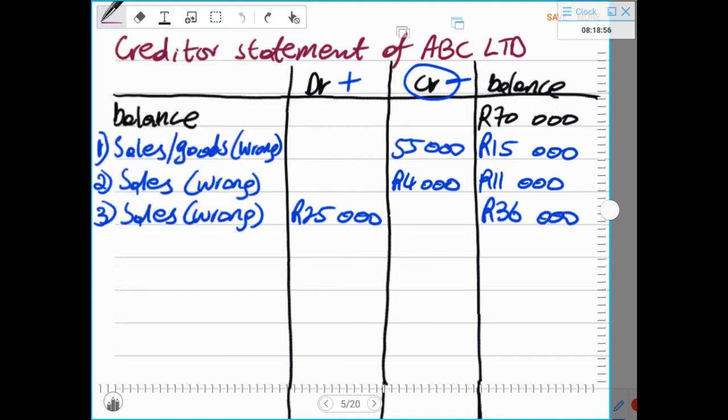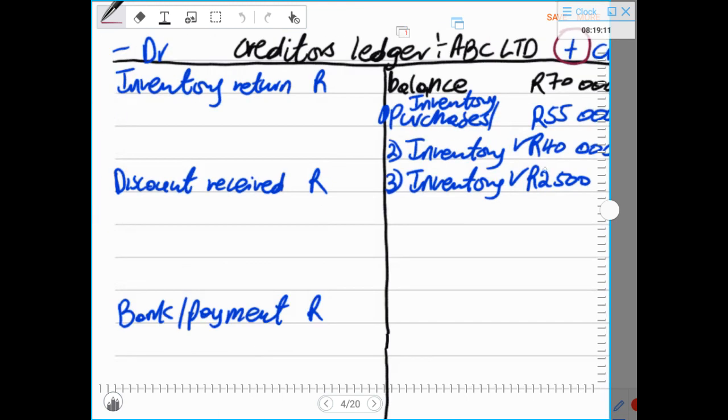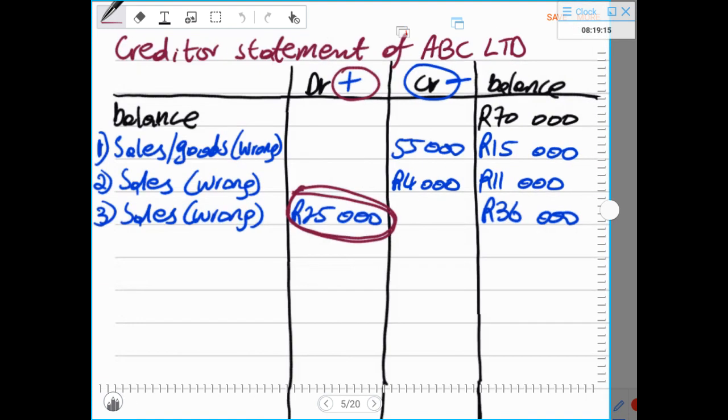Then will this adjustment be on the debit side or on the credit side? Let us check. We have recorded 25,000 on the increasing side, and 25,000 is overstated. Why am I saying 25,000 is overstated? Because 25,000 is bigger than 2,500. So recording an overstated amount on the debit side of the statement will overstate the balance.